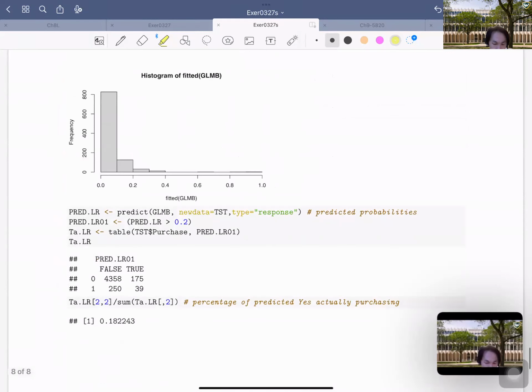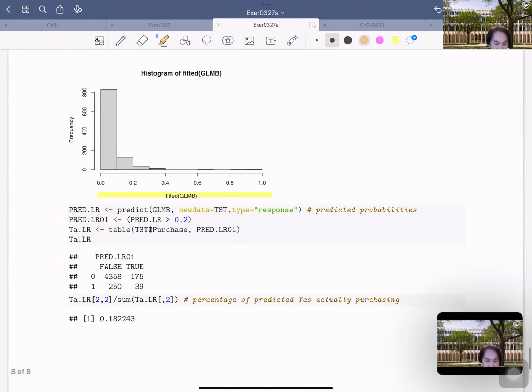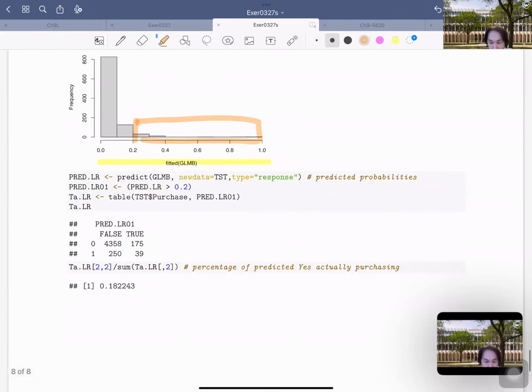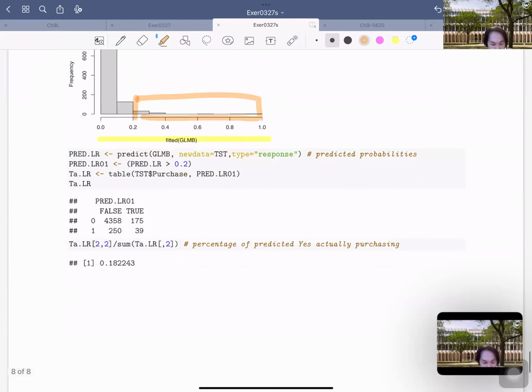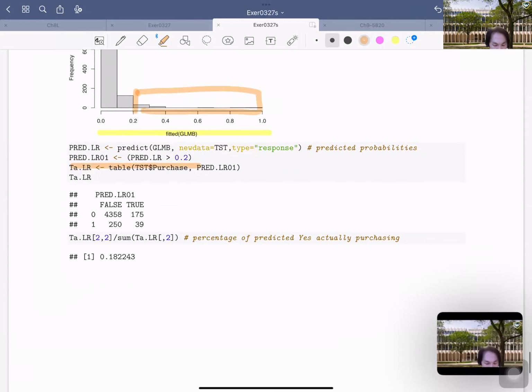And actually, if we calculate the fitted value, you can see that very few observations are categorized as more than 20% probability. And we make a prediction table, and this is predicted. So 39 out of 39 plus 175 bought the product. So this is about 18%. So it's comparable.